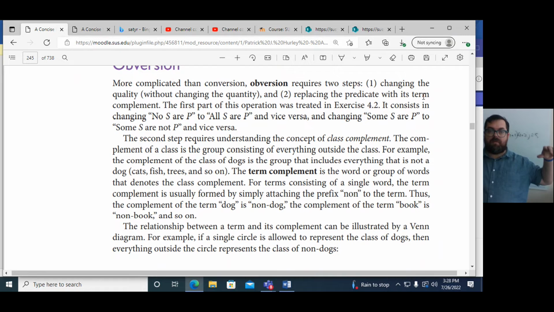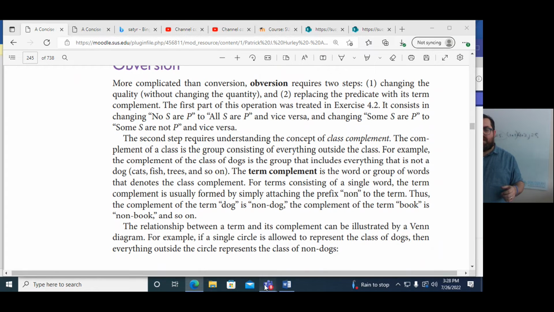So the universal affirmative becomes the universal negative. We're only changing the quality in obversion. And then 2, we replace the predicate with its term complement. And that's basically adding the word non to the P position, right?